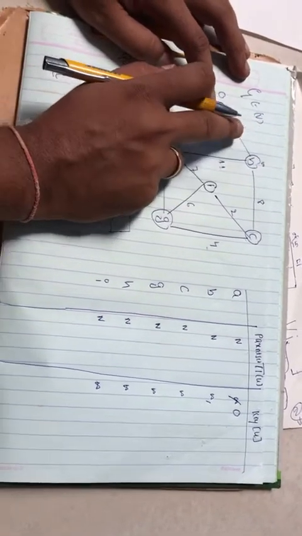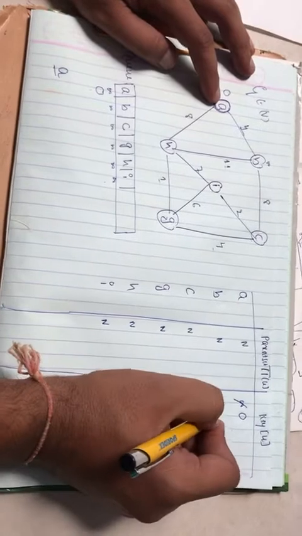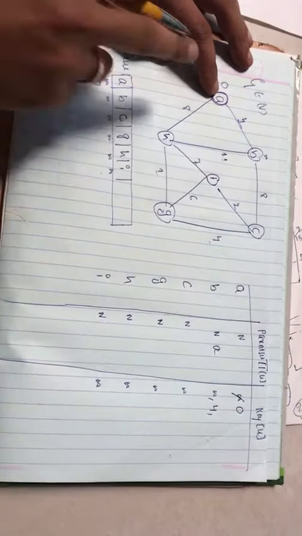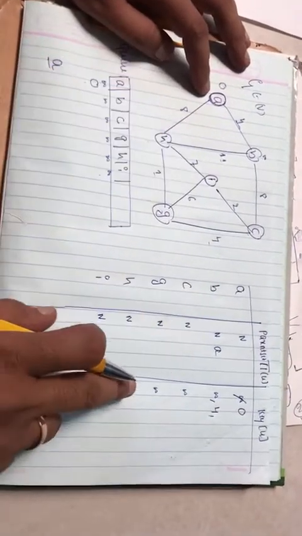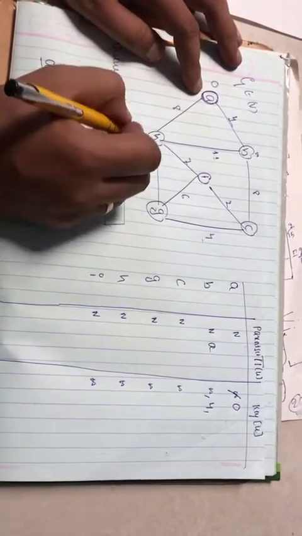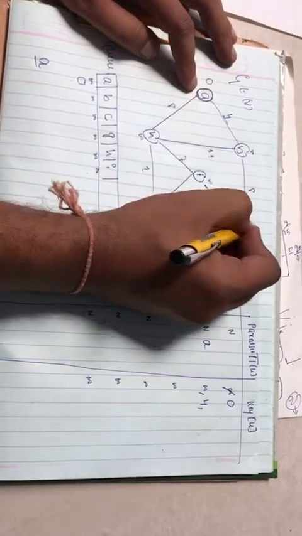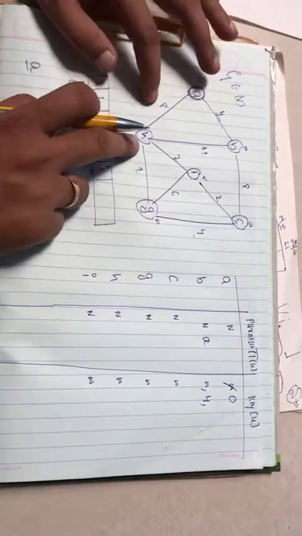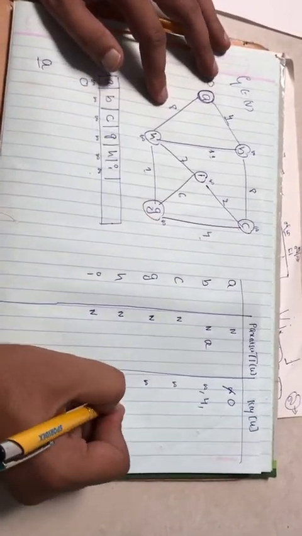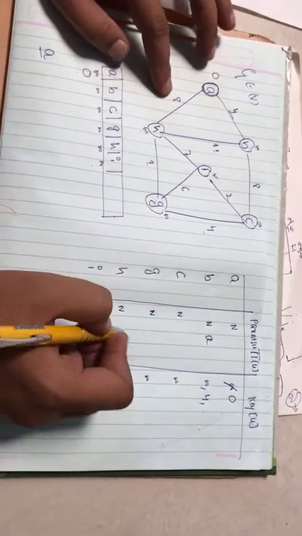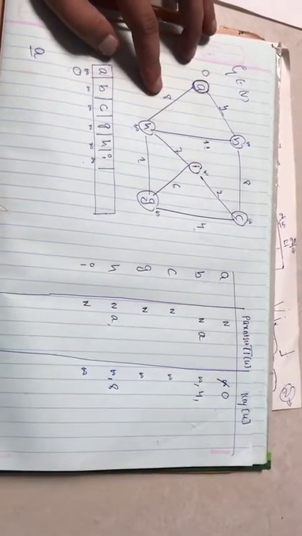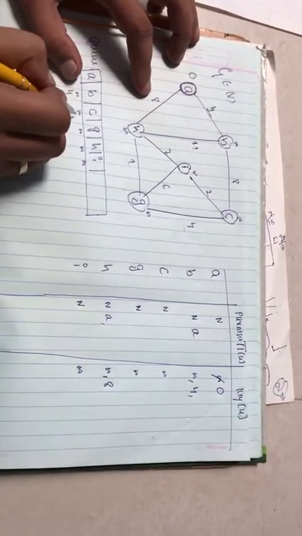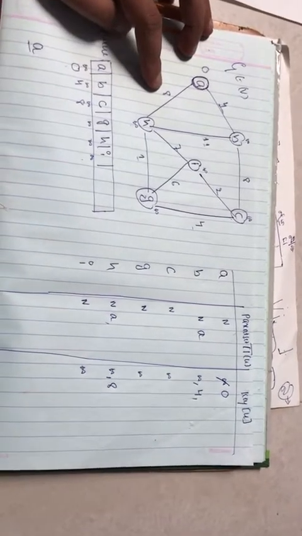Yes, so we add that value, and B's parent becomes A. Similarly, A to H is 8 and H has infinity. 8 is less than infinity, so I select 8, and its parent becomes A. Now update the values: B becomes 4 and H becomes 8.